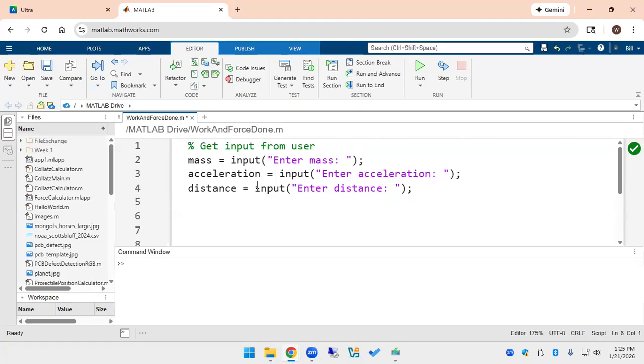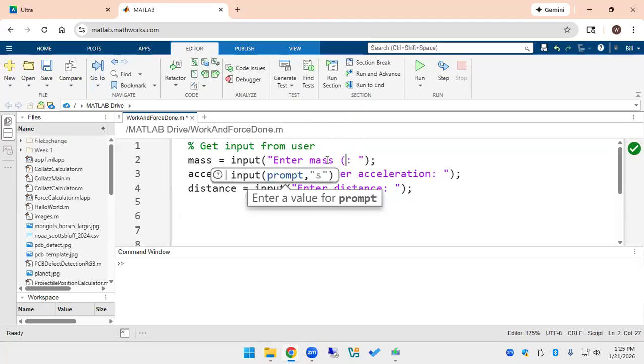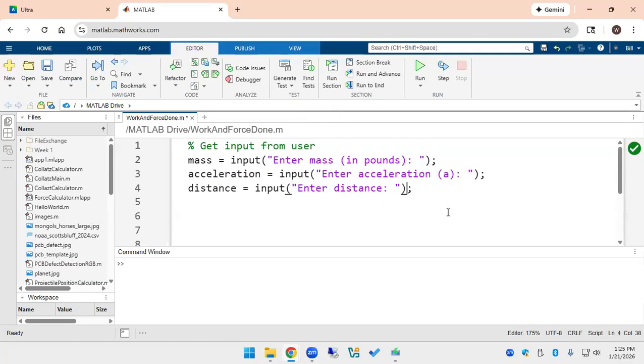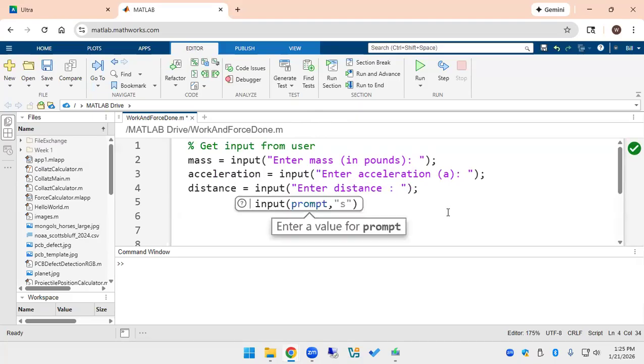Okay, we get, oh, what am I missing here? It says in pounds. Yep. Because we need to do unit conversions next. Because is pounds an SI unit? No. You're right. And A to math people means acceleration, which engineers are math people.